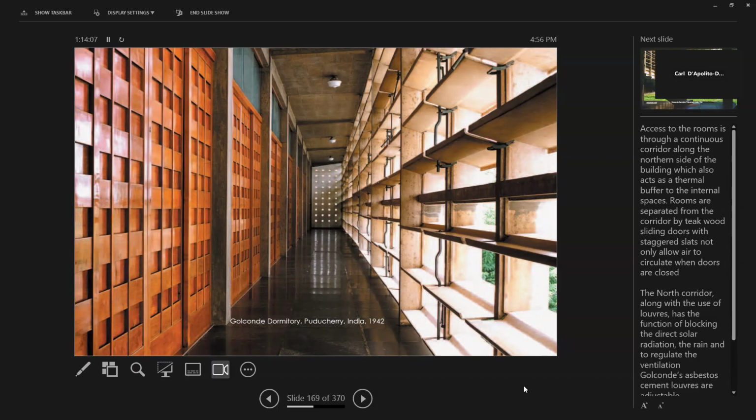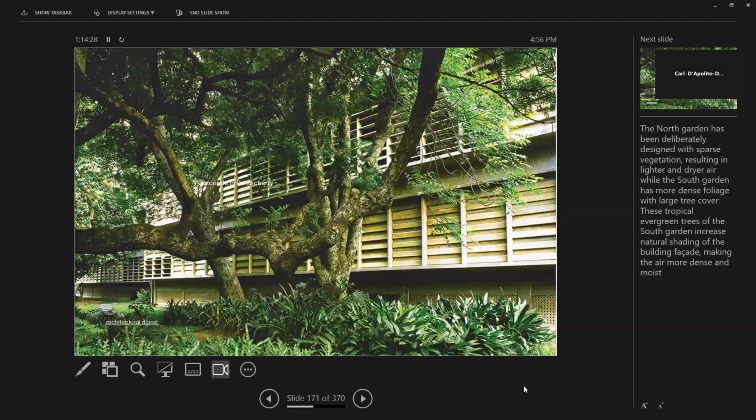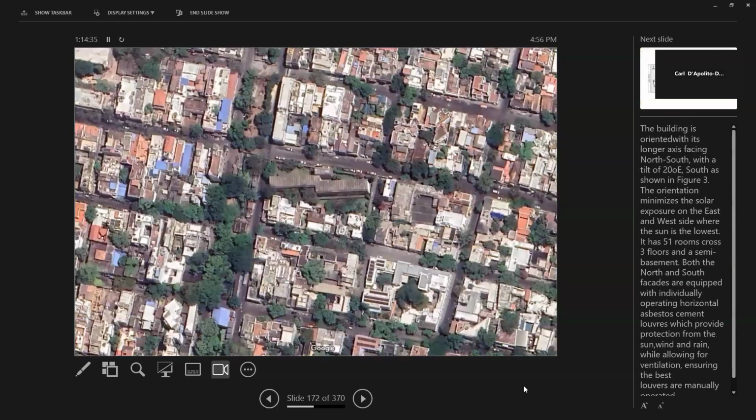And then the louver is sort of protected from rain.